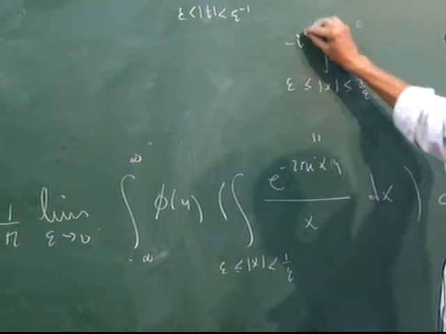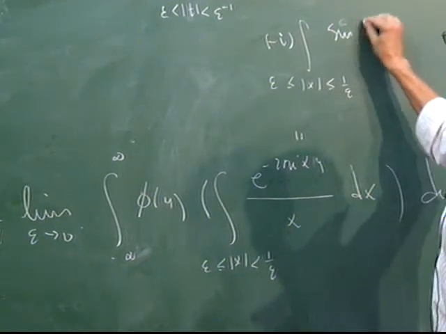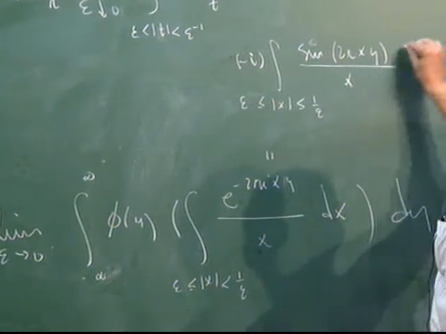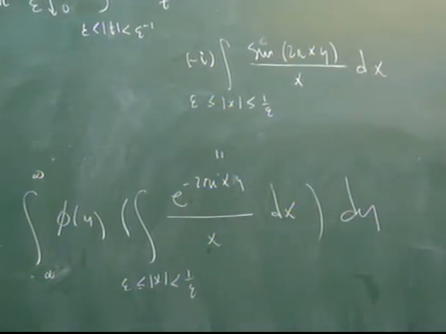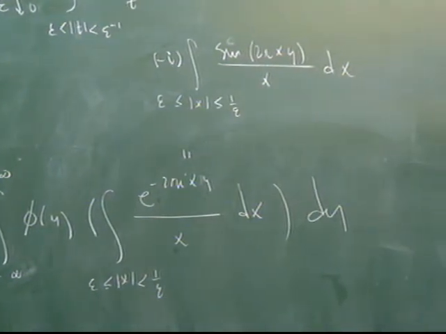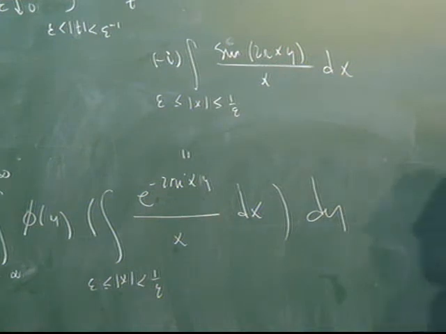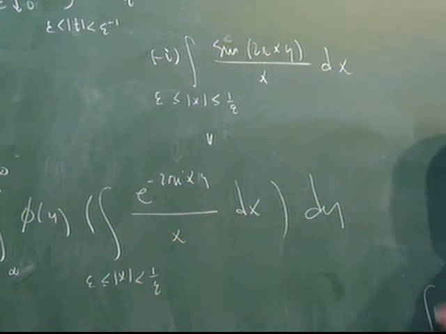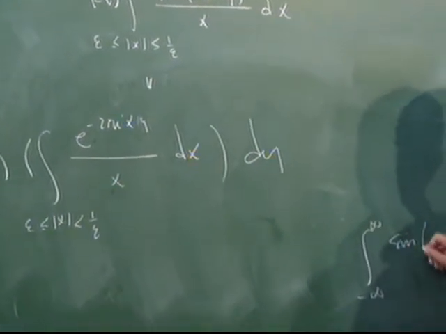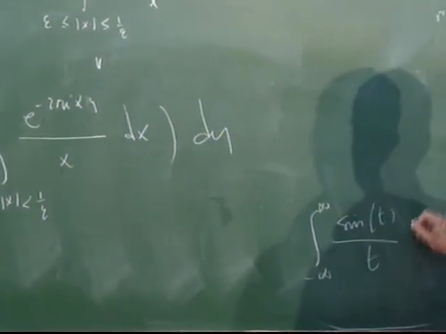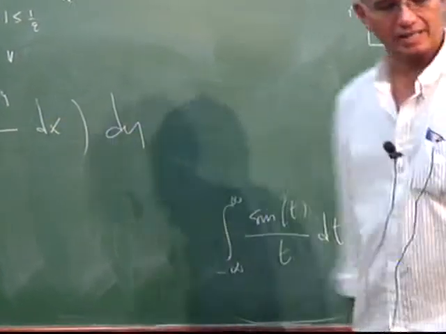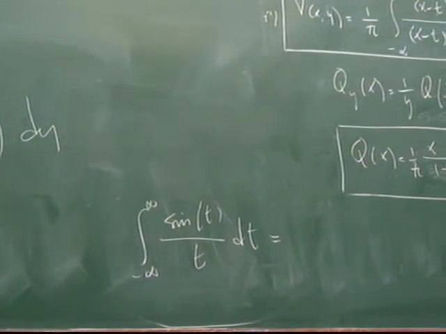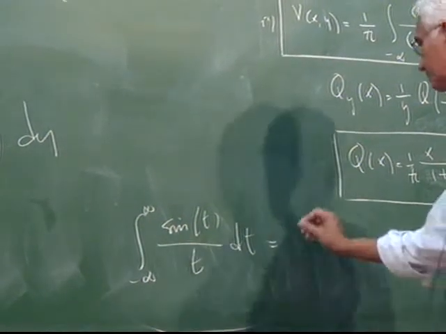Minus i sine 2 pi x y over x dx. Right? And now you remember that the integral between minus infinity and infinity of sine t over t is 2 pi. No, it's just pi.